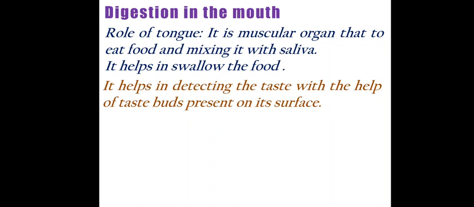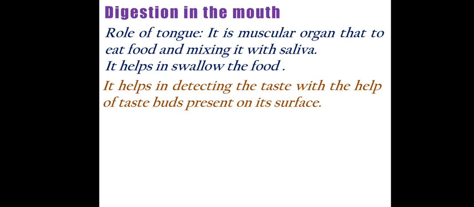Earlier, as per the thought of scientists, it was described that there are different parts on different sides of the tongue which detect various types of taste, like sour, sweet, salty and bitter.